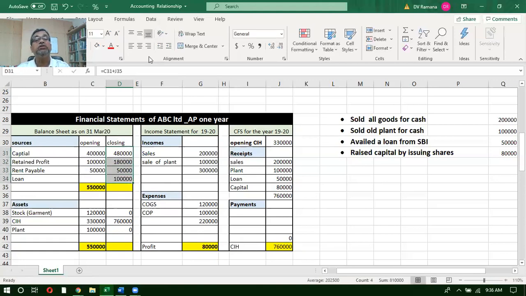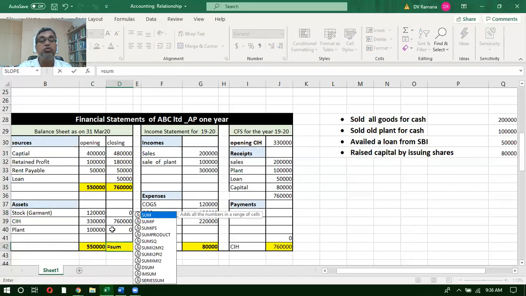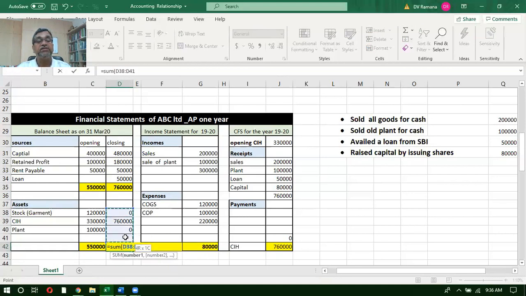So the total sources are 810. We have taken a loan of 50,000. And the assets are 760.